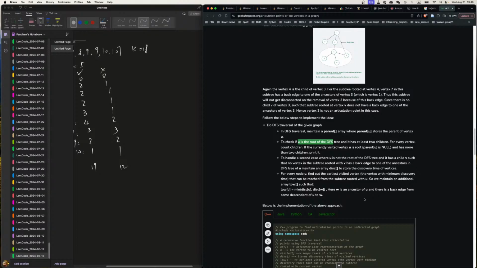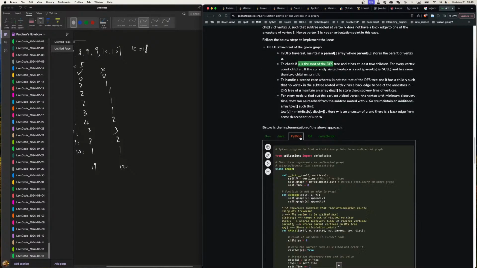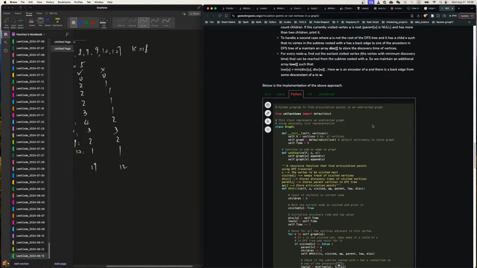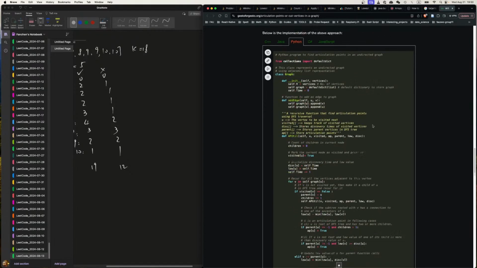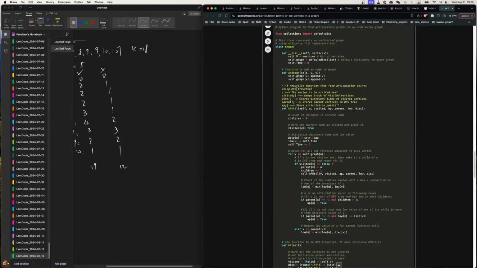W is an ancestor of U, and there is a back edge from some descendant of U to W. I have no idea what this low is.